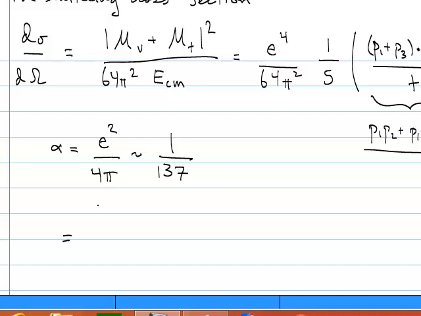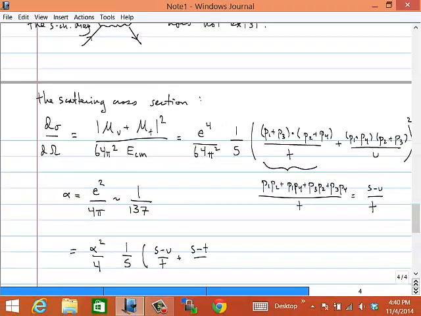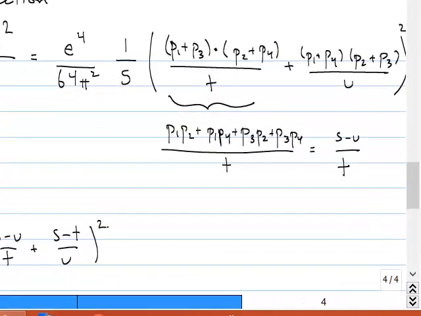And we conclude that the scattering cross-section is proportional to the square of the fine structure constant, so it's something that's typically quite small, times some rather simple function of these various kinematic invariants.